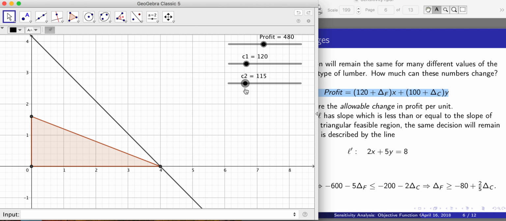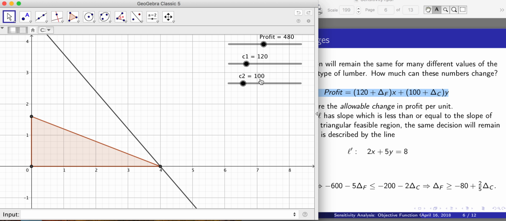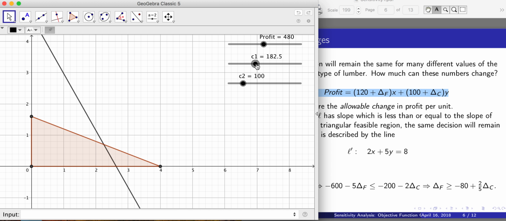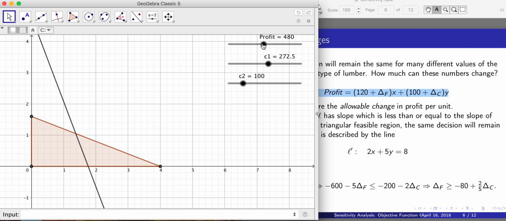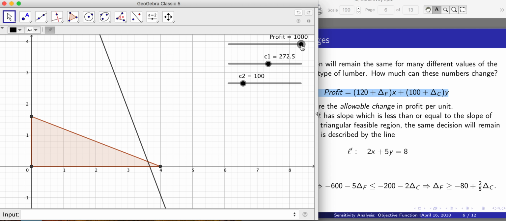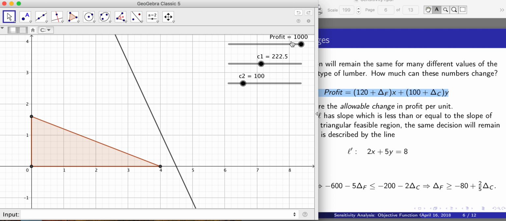But we can also increase the slope, in this case, in various ways. In particular, if we change this one, it gets steeper, and that causes an increase in profit.